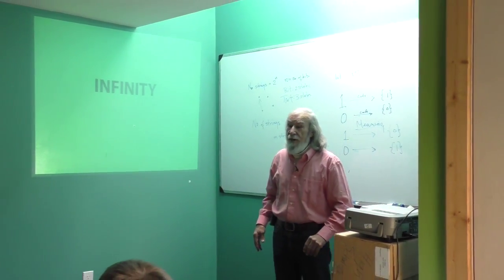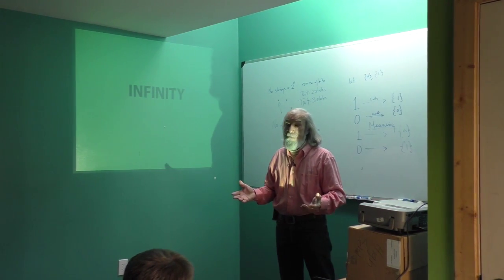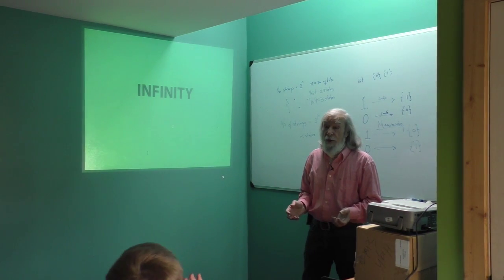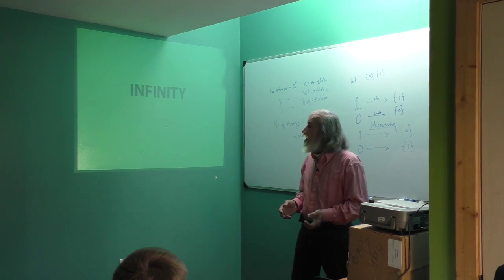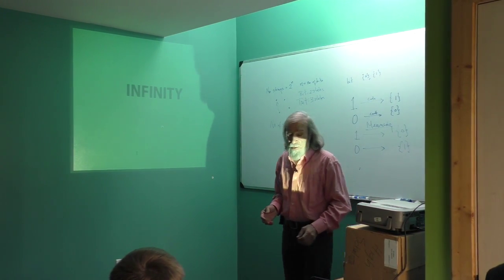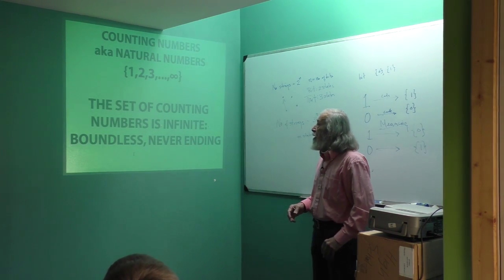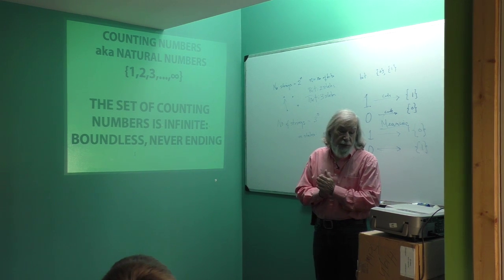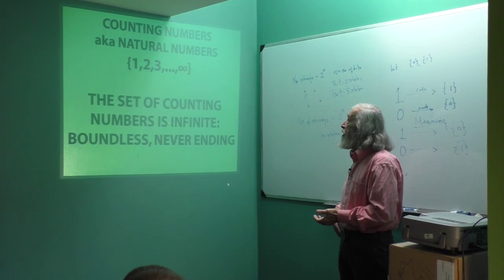So we're going to build on our knowledge of strings. We're going to talk about infinity, the concept of infinity. So, where are we going to get infinity? We're going to get it, first of all, from the very simple things of counting numbers.